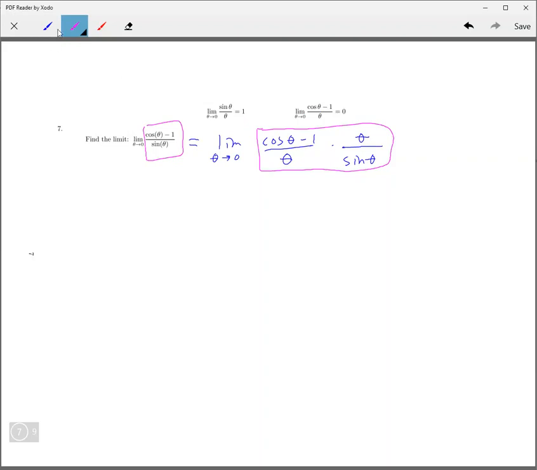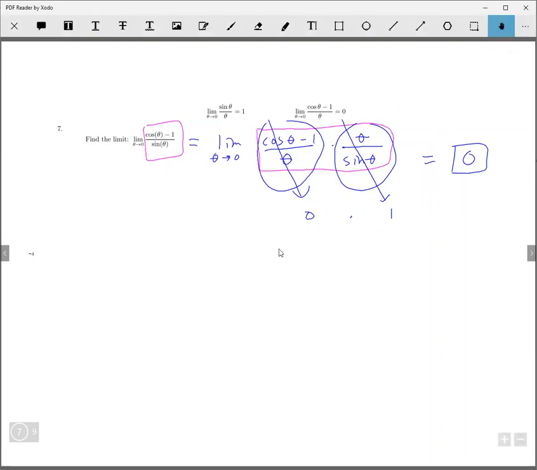Okay, now the reason I did that is because now this limit here is just going to be 0. And this limit, this is the reciprocal of this, so that's just going to be 1. Okay, so the answer here is going to be 0. Okay. Any questions with that?